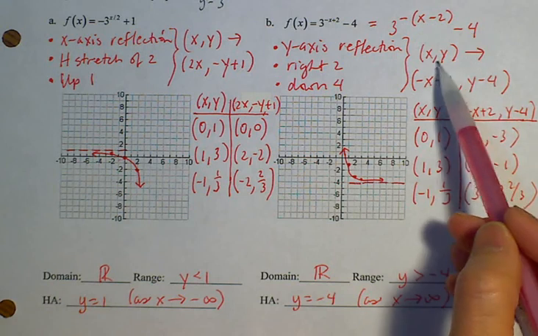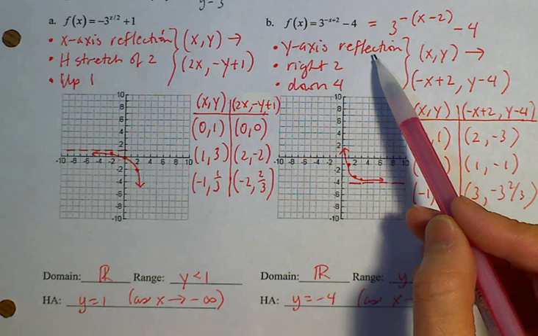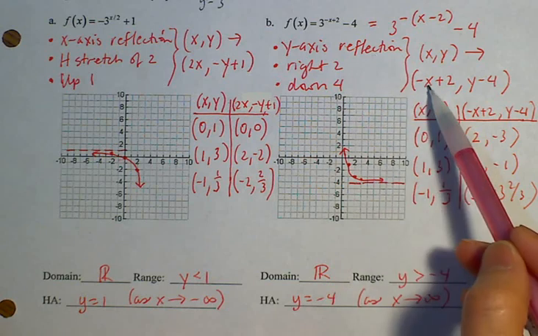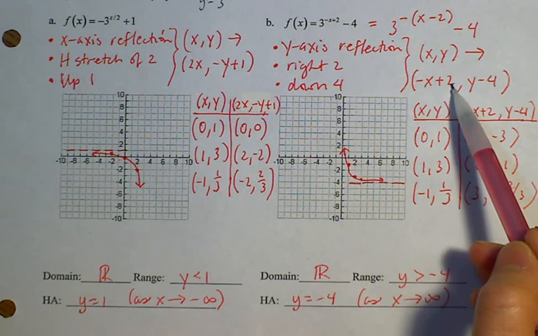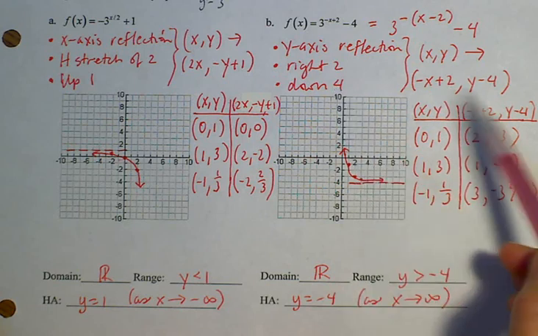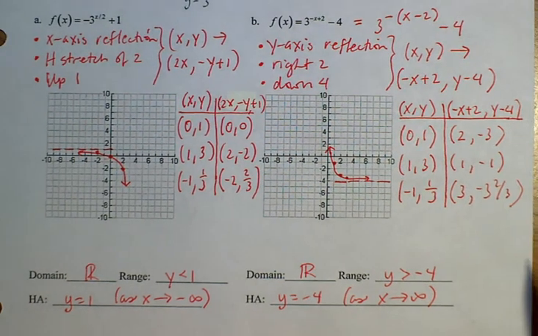My mapping is: (x, y) maps onto, with the y-axis reflection negating the x, then going right 2, so plus 2, and going down 4, which affects the y, so y minus 4.